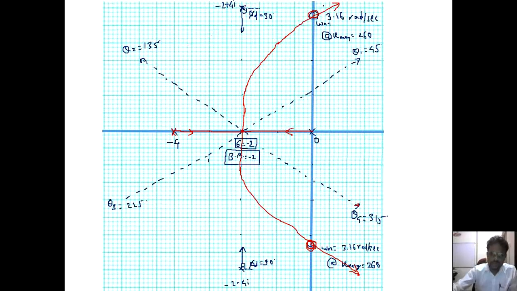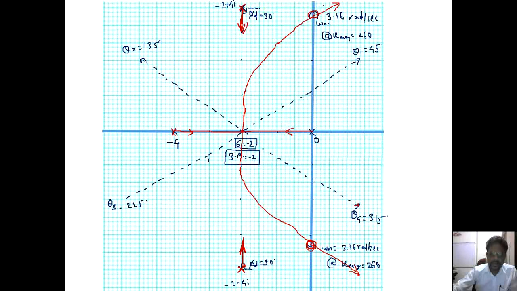Now there are two more poles. From this complex pole, the root locus will depart at 90 degree as the angle of departure, and from this pole the root locus will also depart at 90 degree. After that they will follow the remaining asymptotes, so 135 and 225 are the remaining asymptotes.